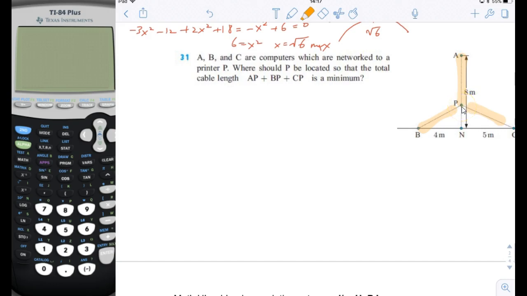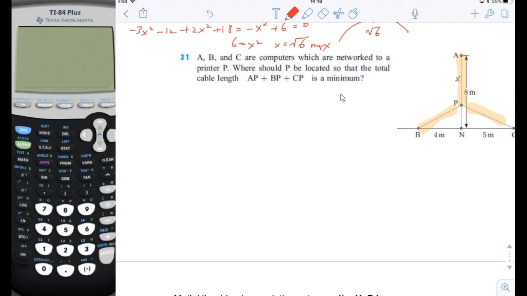The answer in the back of the book assumes that P is along the line AN, but it never says that here. But just to make things a little bit easier for us, we'll assume that. Okay, so we will assign a length X, maybe for AP. And then the rest of the distances we'll figure out based on X.